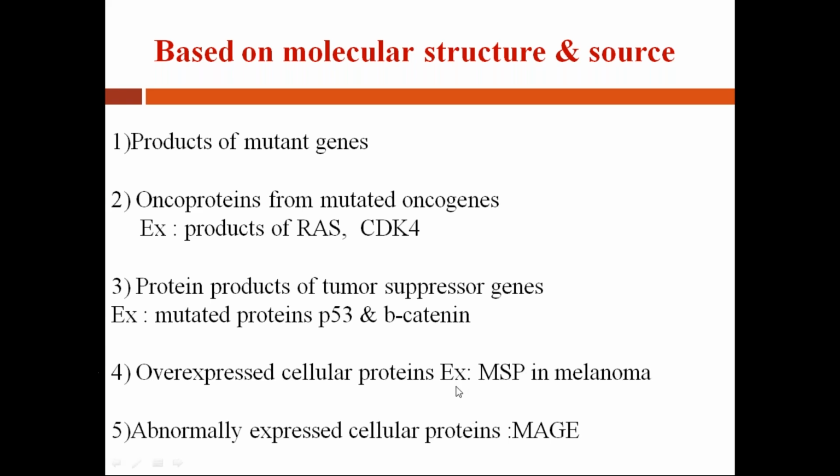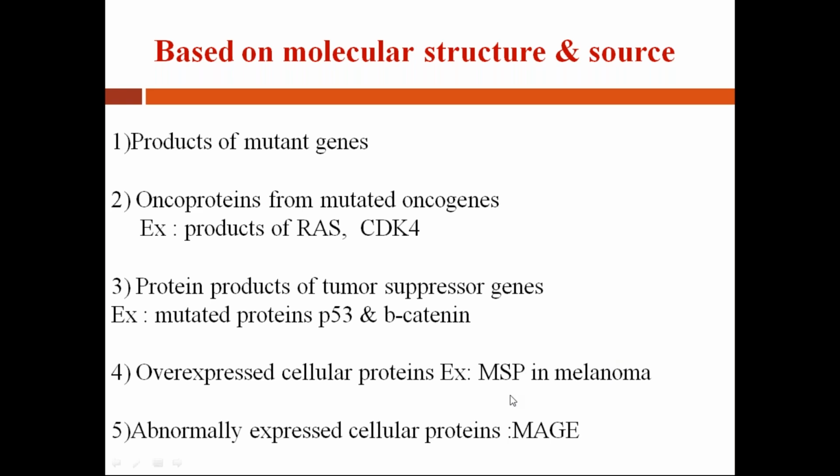Now, in a normal melanocyte, there's a protein called melanocyte specific protein, which is expressed in normal amounts in the normal melanocyte. Now, if that melanocyte undergoes a malignant transformation, the tumor is called melanoma.